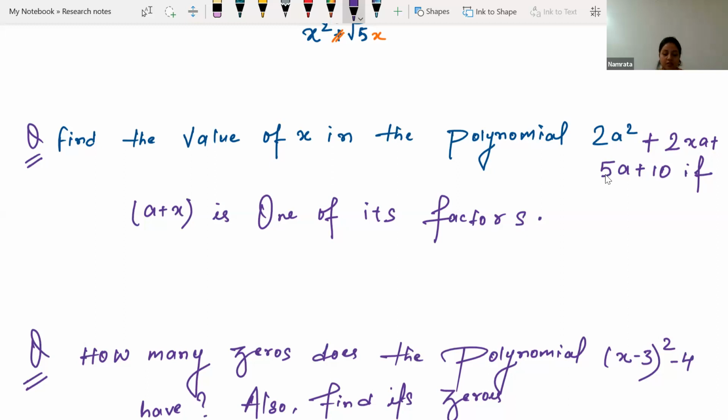What's the answer? x is 2. How have you done that?